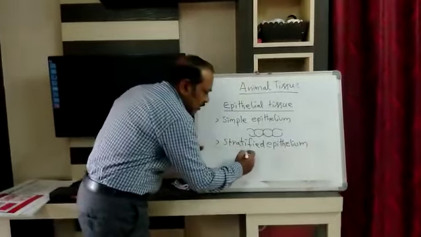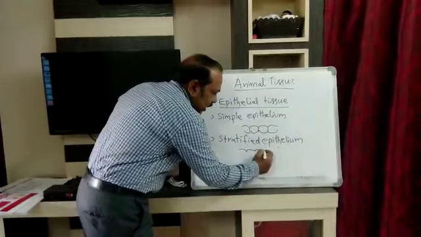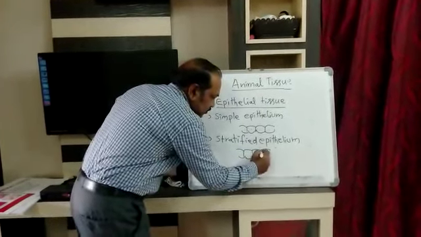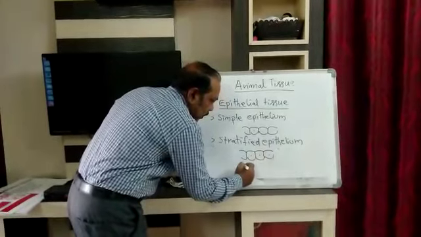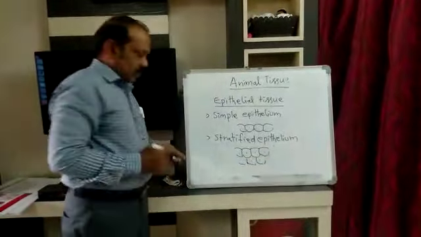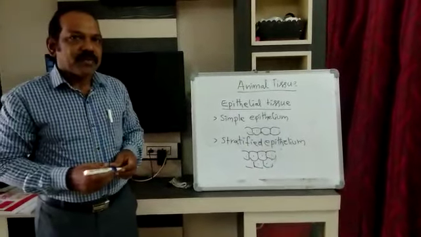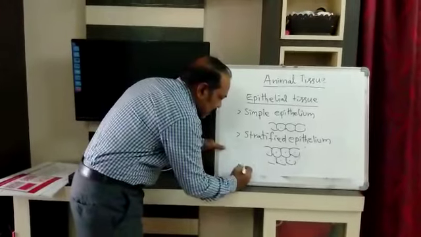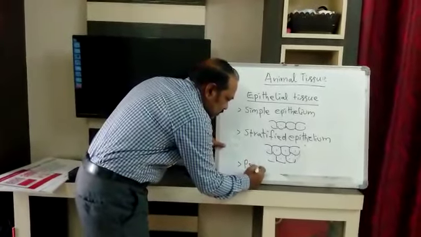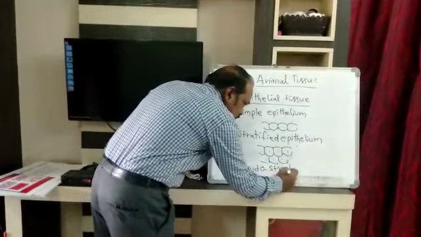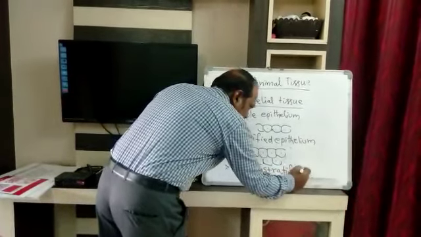That means in the stratified epithelium, cells may be arranged in more than one layer. So it's called stratified epithelium. The third type of epithelial tissue is pseudo-stratified epithelium.